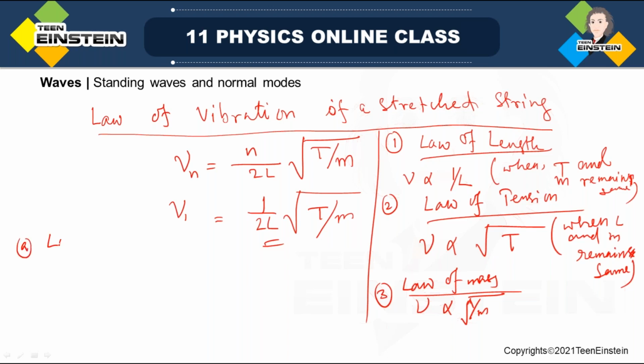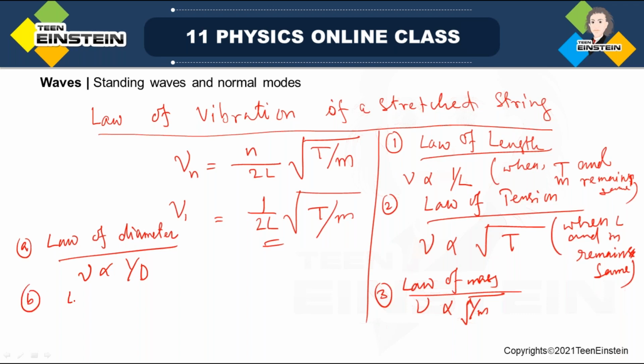Law of diameter: if the mass per unit length is expressed in terms of diameter and density, then the fundamental frequency will be inversely proportional to the diameter.